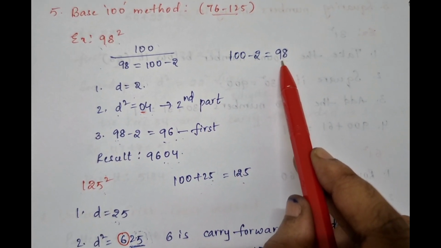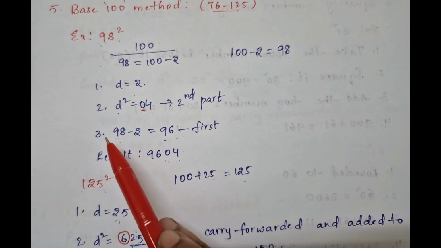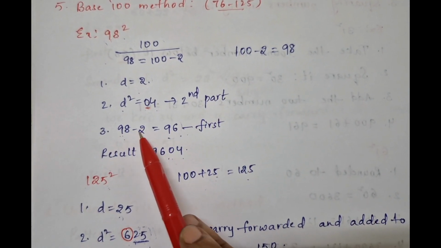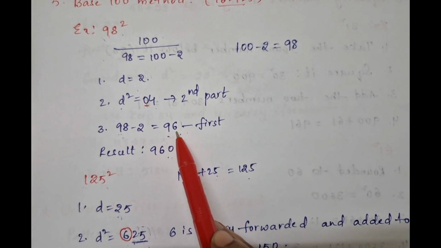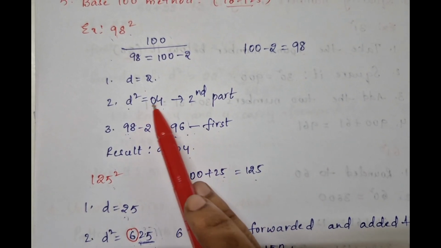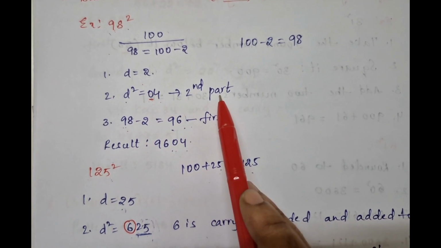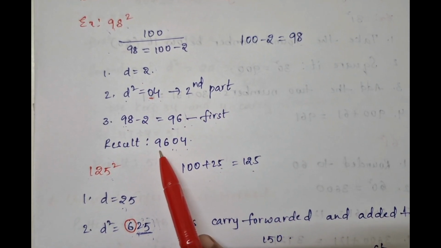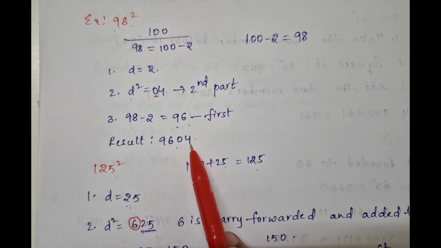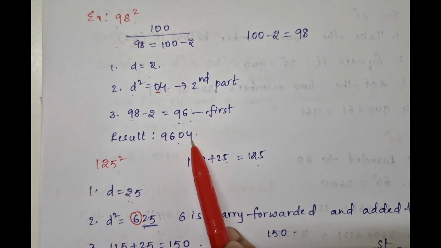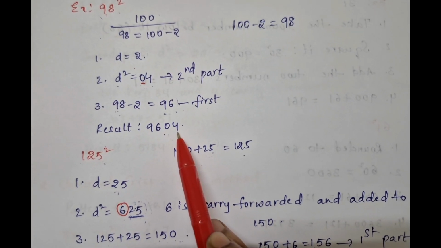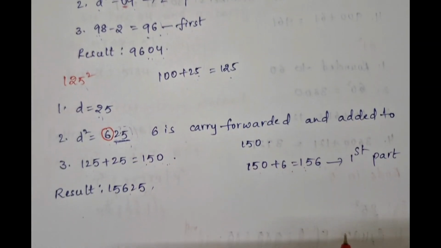That's the reason we are subtracting the 2 again from the given number. 98 minus 2 equals 96. So 96 is the first part, and here 04 is the second part. So what is the answer you will get here? 9604 as the answer. 98 square equals 9604.